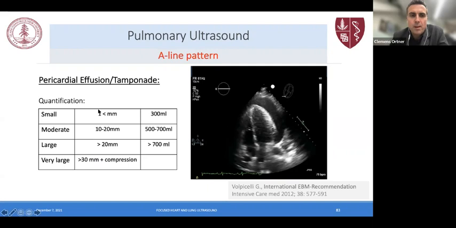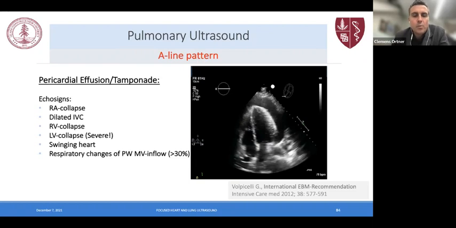The amount of the fluid is not that important. The main importance with pericardial effusion is the time it takes for the effusion to develop. And then the next question is: is it effusion or is it tamponade physiology? So what are signs of a tamponade? That's when you have a collapse of the right atrium.